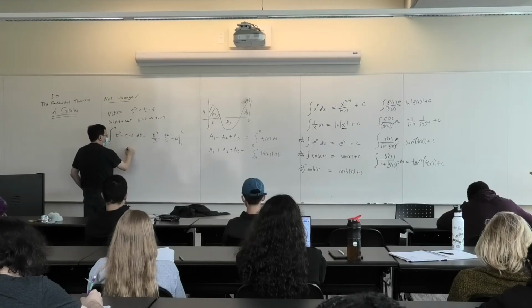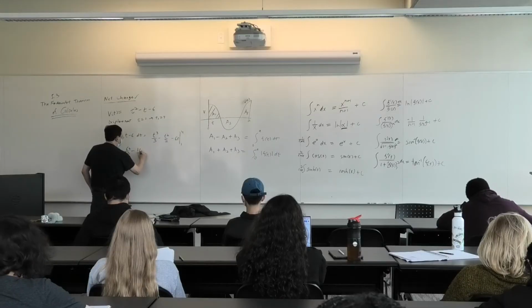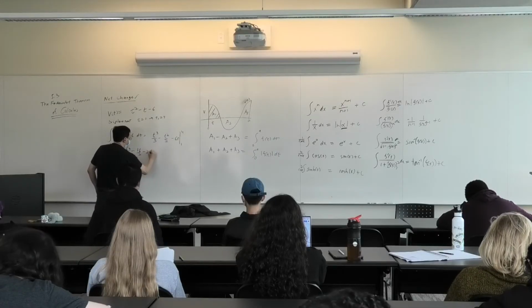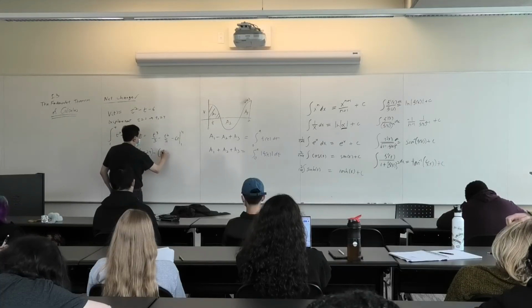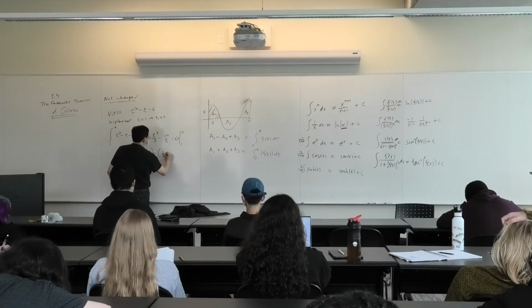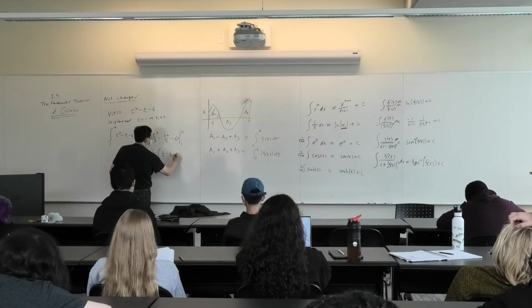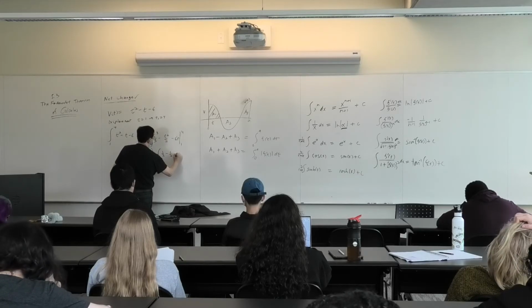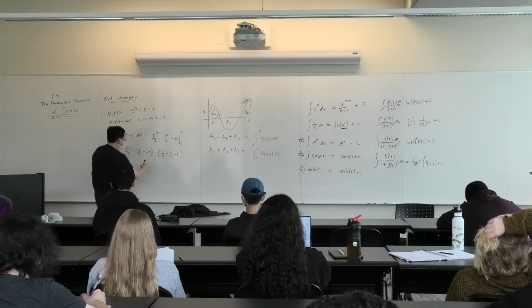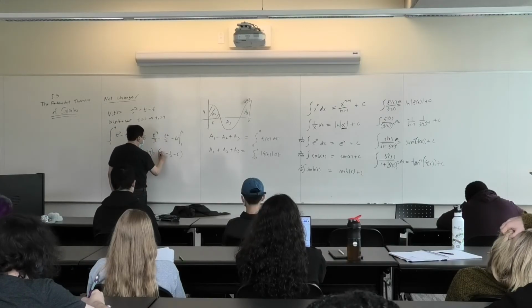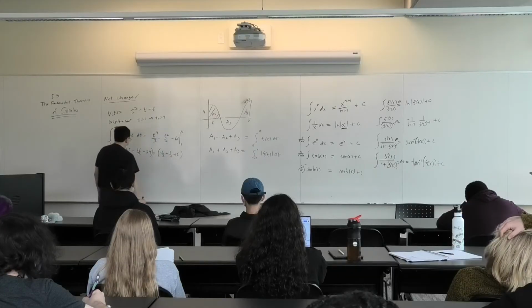So what do I get? 64 over 3 minus 16 over 2 minus 24. First part, minus 1 over 3 minus 1 over 2 minus 6. I'm going to bring forward my minus here, minus, plus, plus.